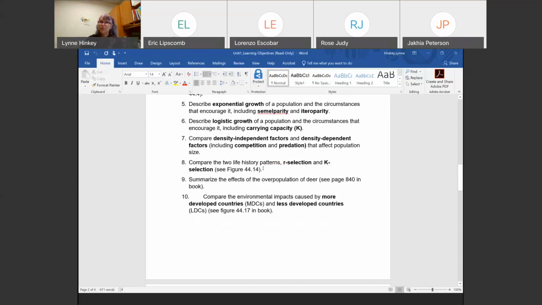Let's see. Got two life history patterns. These are related to those survivorship curves to some pretty great extent. You can see which one is which. My R-selected populations are considered opportunistic.